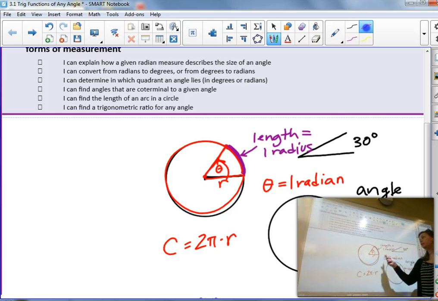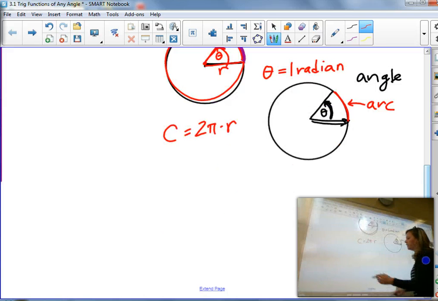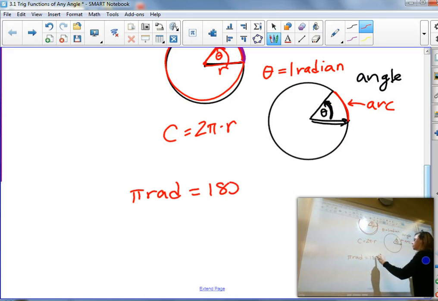There's a little bit more than 6 1/4 of these radiuses that I could wrap all the way around the circle. And that's how we got to our conversion that said pi radians is equal to 180 degrees. And we use that as our conversion equation.